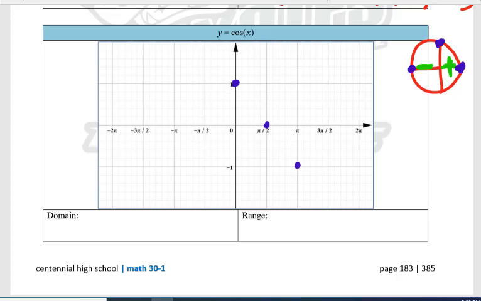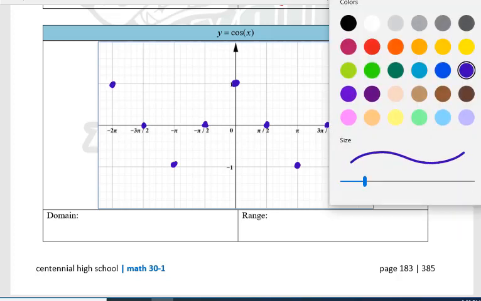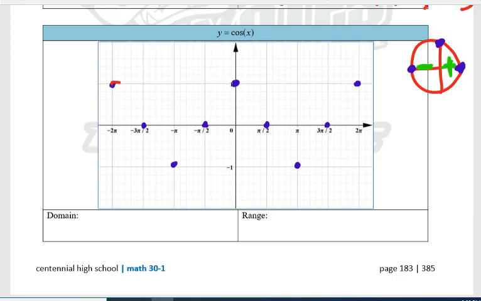Remember that pi is 180. It's way over there. 3 pi over 2, and then 2 pi. This pattern is going to kind of repeat as we go to the left. And so we should end up with a nice smooth curve that looks like this, going through those maximum and midpoints, almost flat.